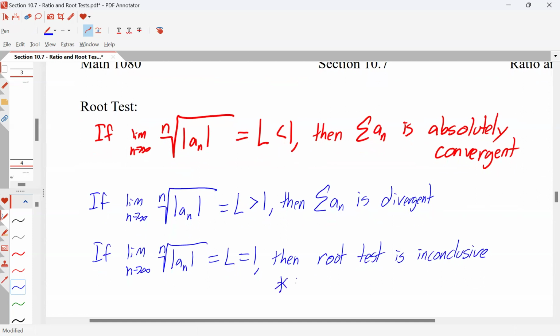Or another way of phrasing that is the root test doesn't work. We just don't know if it converges or diverges. We'd have to use a different test.